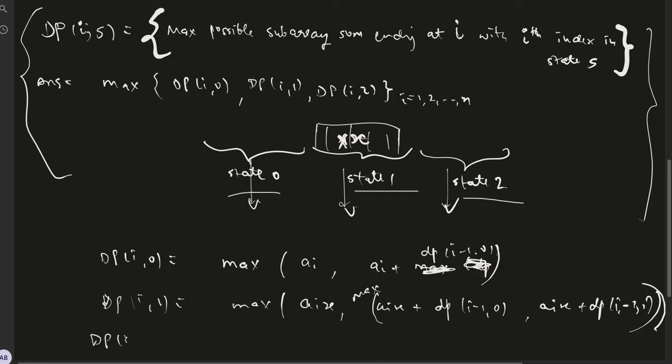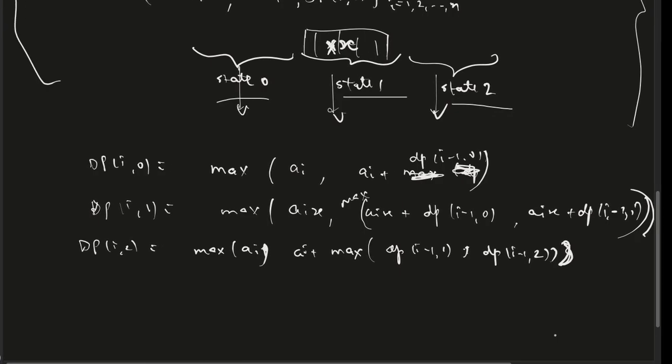And dp of i,2 is nothing but the maximum of a_i, and a_i plus the max of dp of i-1,1 and dp of i-1,2. Yeah, this is the transition.